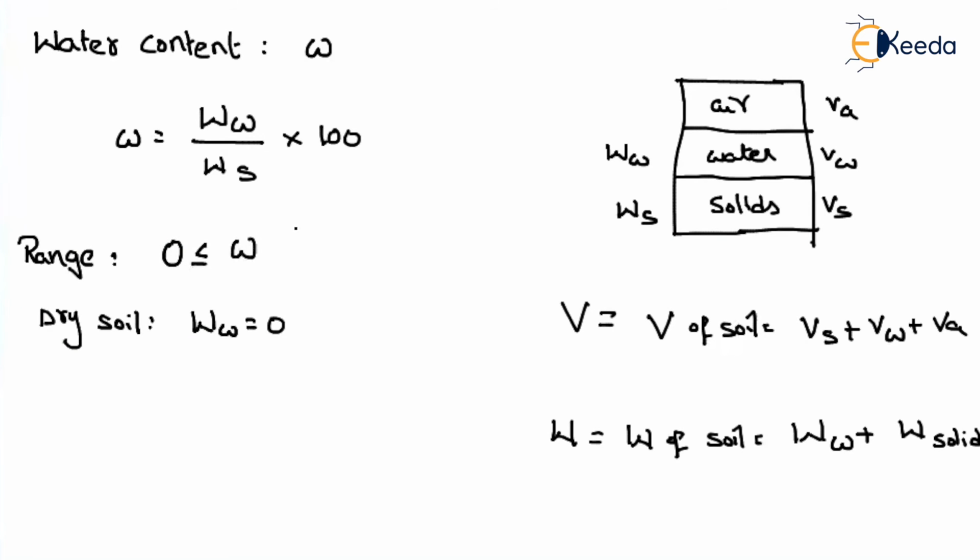Then what about the maximum value? With respect to volume, we can restrict it, but what about with respect to the weights? There may be some cases where the weight of the water is greater than the weight of the soil also. That means it can be 0 and it can be any value.